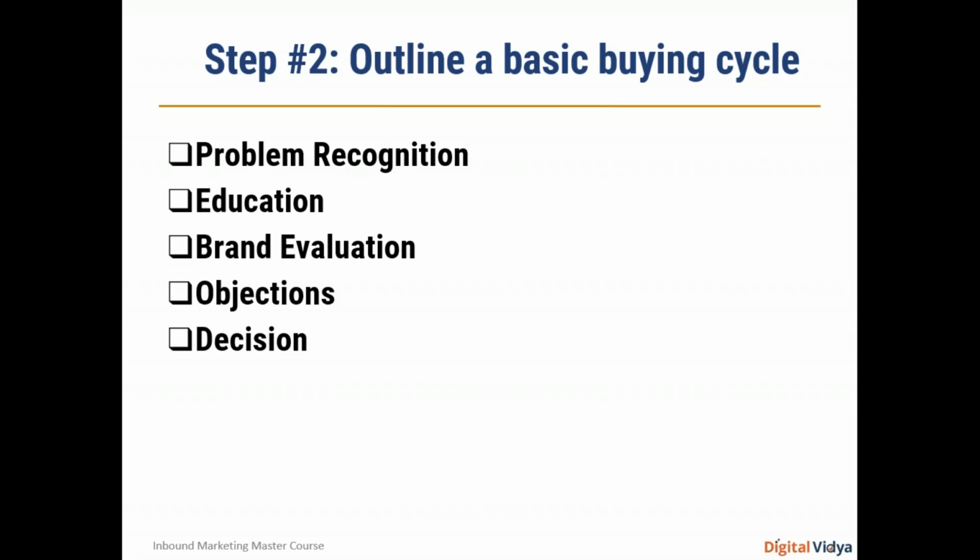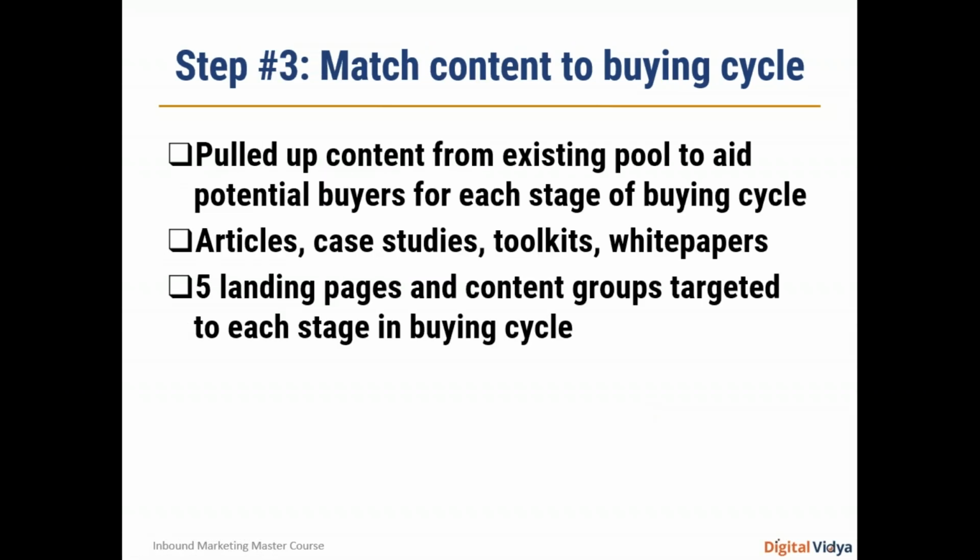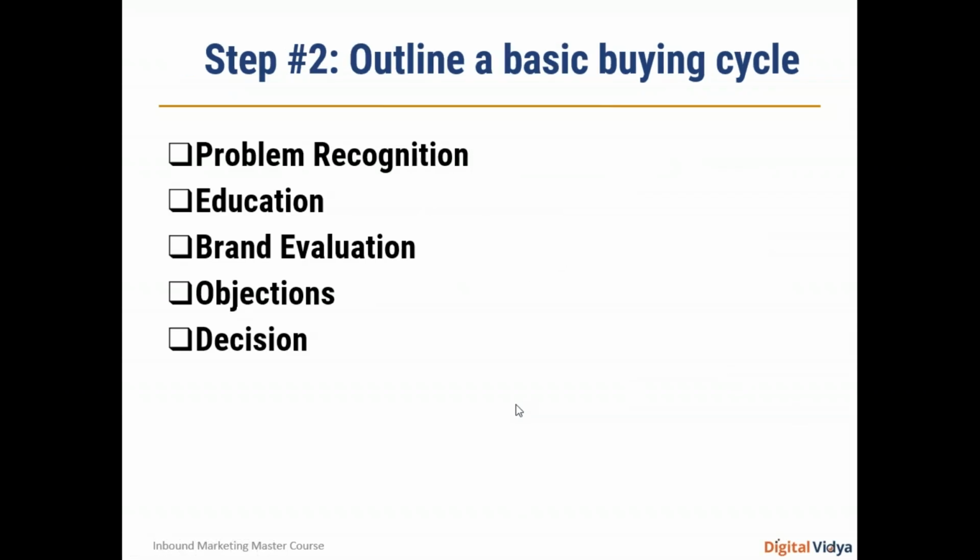And once they outlined these stages, they pulled up the content. They looked at the content repository they have, maybe articles, case studies, toolkits, white papers. They created 5 landing pages. The 5 landing pages they created on the website were mapped to these 5 stages, right?